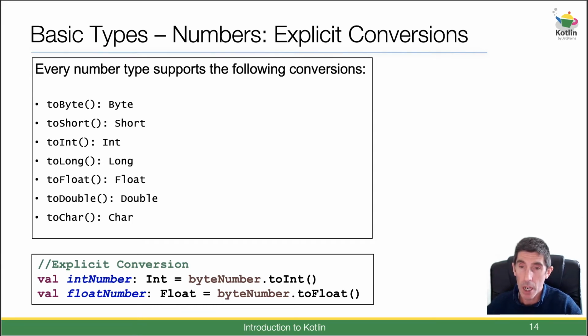Okay. So again, another example there, val int number of type int, giving it a value of that byte number .toInt. We can do the same with float, the same byte number .toFloat, because each of the objects supports all those different conversions. Okay, so we can mix and match through the functions, as opposed to casting like you would have done in Java.